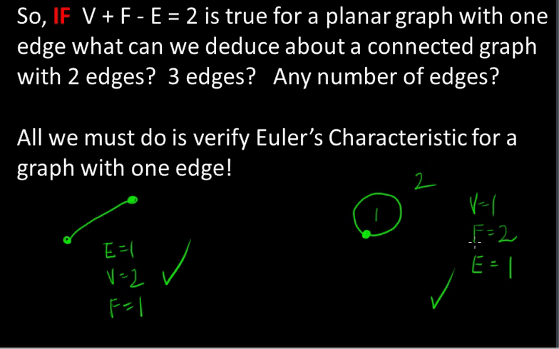So Euler's characteristic is satisfied by a planar graph with one edge. Well, by what we just did before this, it's also satisfied by any planar graph of 2 edges, 3 edges, 4 edges, any number of edges. So what we have shown is that Euler's characteristic holds for all planar graphs, and you'll see why this is important when you look at the next video.